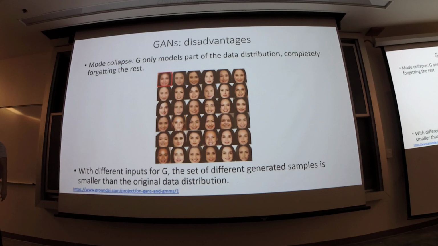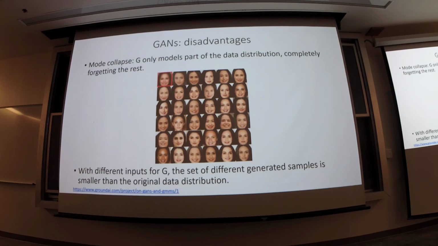Questions? Okay, so to solve this problem, is it good that we just try to feed as diverse data as possible? We try to feed the whole GAN as diverse real data as possible.